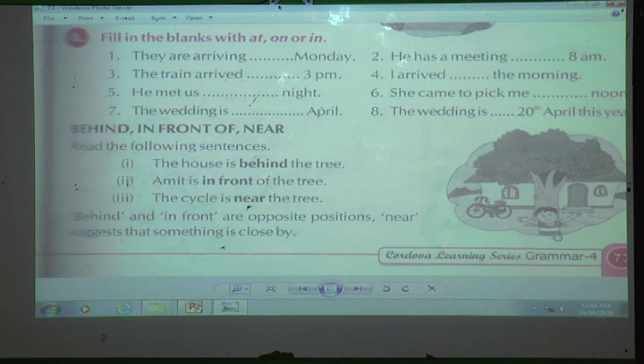So these two prepositions are in opposite positions. Understood students how we are going to use these prepositions? Okay, now I'll show you one picture and after seeing that picture you have to use the correct preposition in the sentences. Okay, so now you turn to page 74.